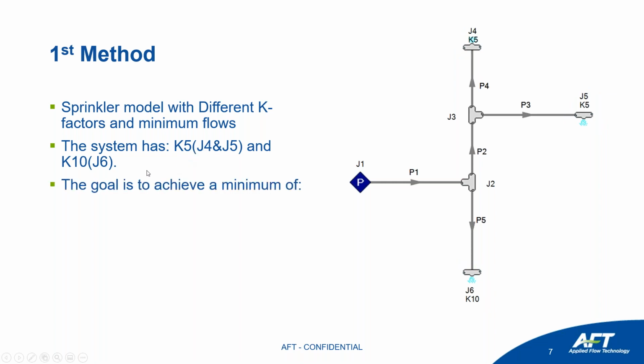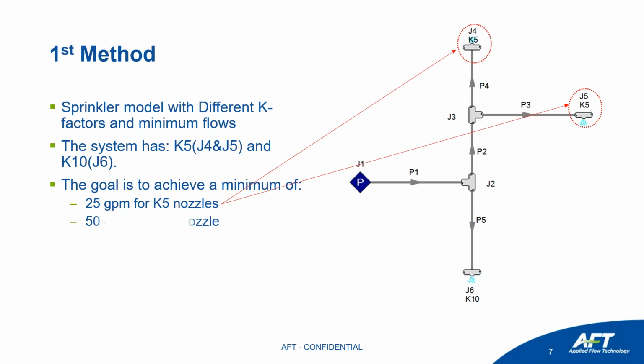The goal is to achieve a minimum of 25 gallons per minute for nozzles with a K factor of 5, and a minimum of 50 gallons per minute for nozzles with a K factor of 10.